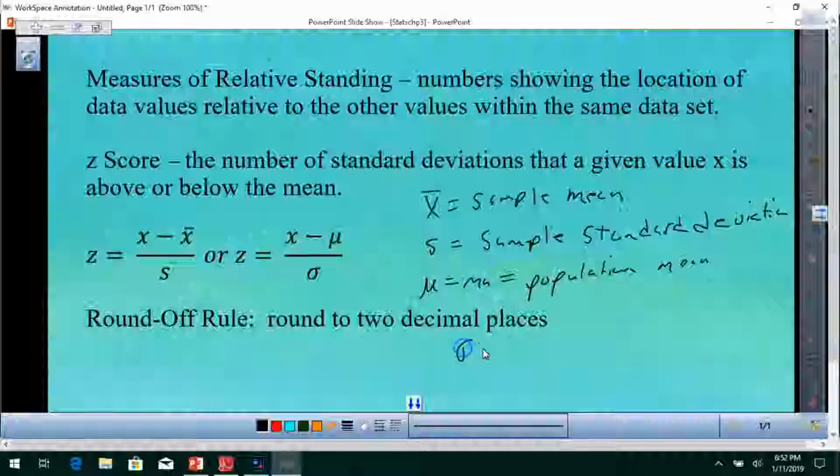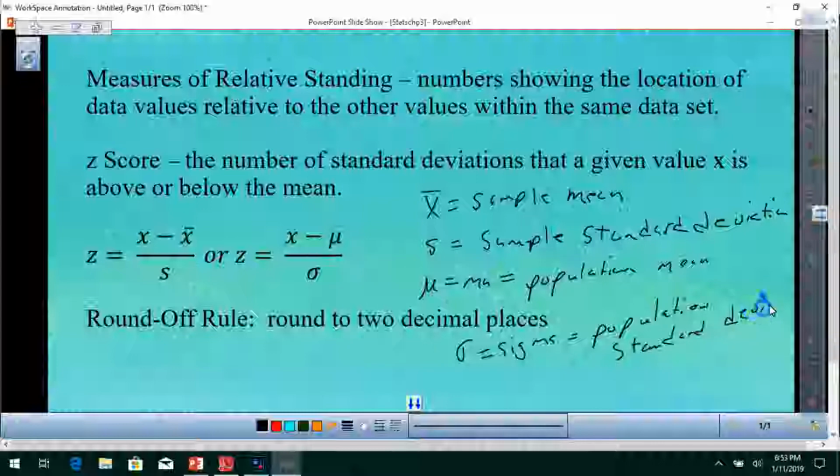And sigma is the population standard deviation.